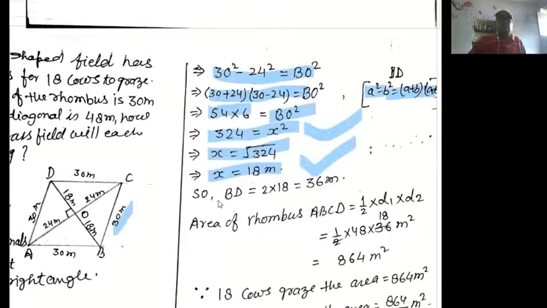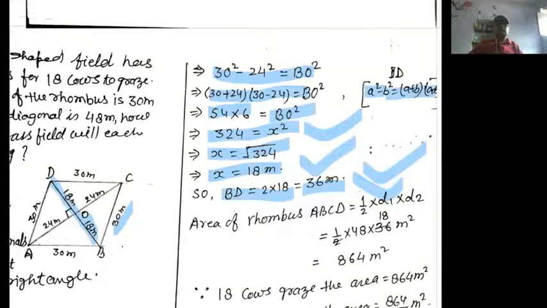So OB equal to 18. Then BD equal to 2 into 18, that is 36. BD equal to 36 meter. So diagonal D1 equal to 48 meter given, and second diagonal D2 equal to 36 meter. We have found out.